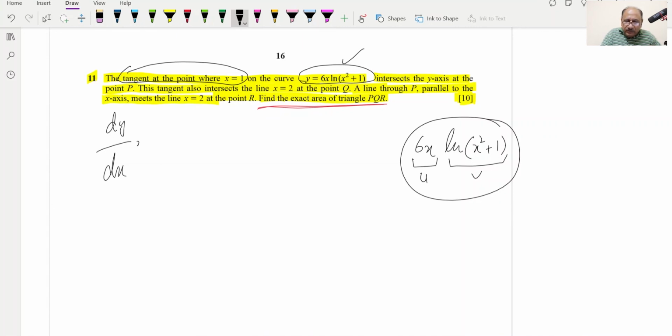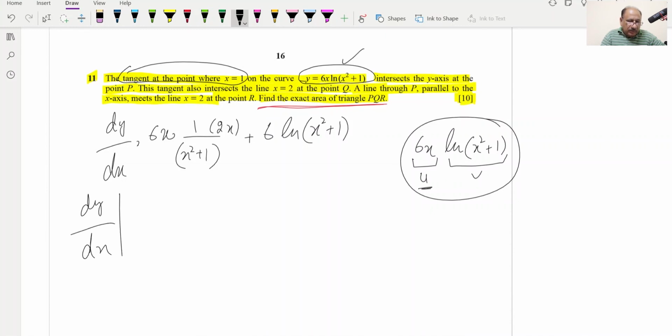We can write first function as it is, second function will be the derivative of the second function, and the derivative of the second function will be what? 1 over x squared plus 1, and then we will write the derivative of this one, which is 2x, and plus the derivative of the first function, which is u, so it will be 6, and second function as it is, log of x squared plus 1.